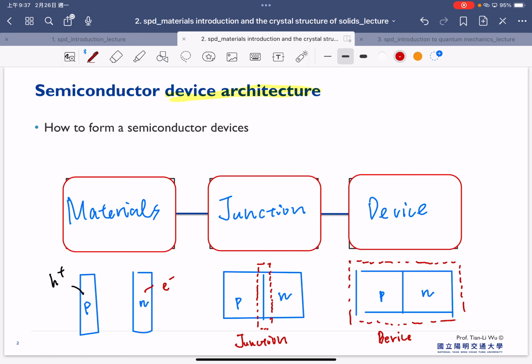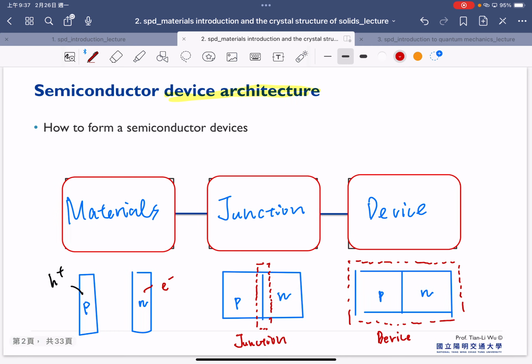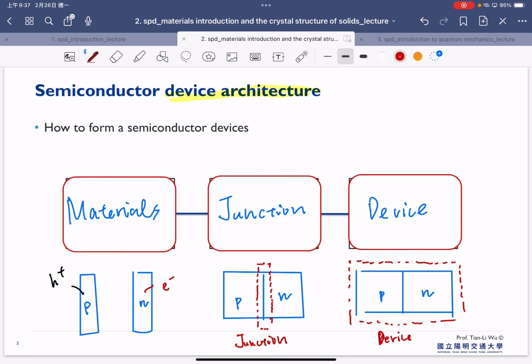Of course, that's a very simple one, so we use the PN diode as a basic example for explanation purposes. But the one we are interested in is definitely not only the PN diode. The one we are interested in is a real transistor, for example, the MOSFET.